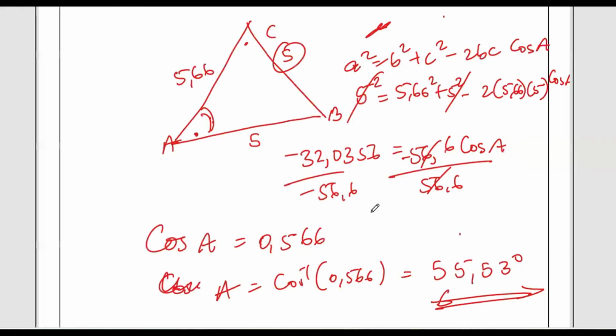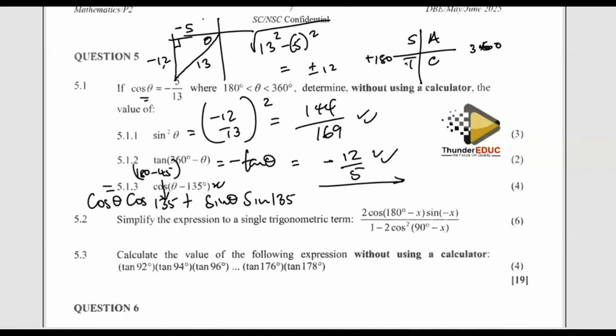That's going to be cos theta multiplied by, in the second quadrant, the cos is negative. So it's going to be negative cos 45. And then we are adding, okay, sine of theta and then the sine of 45.